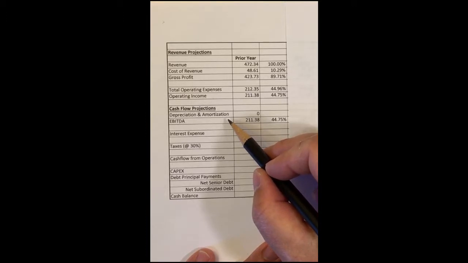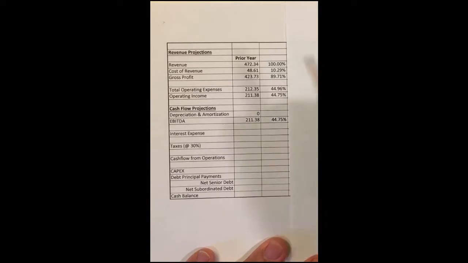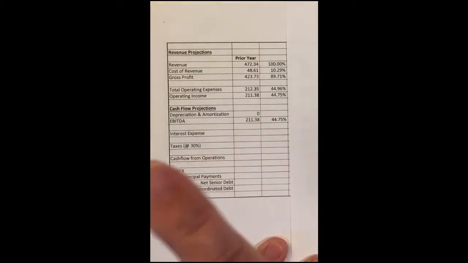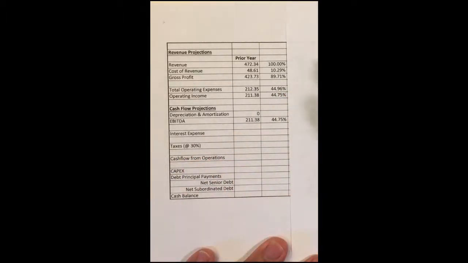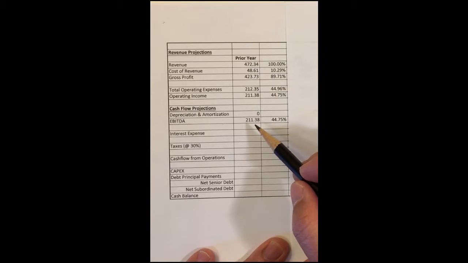Depreciation is the charge that a company takes every year for the declining value of its investments in capital assets. That's a fancy way of saying that if you own equipment or you own a building, that equipment or that building doesn't suddenly get used up right away the minute after you've bought it.